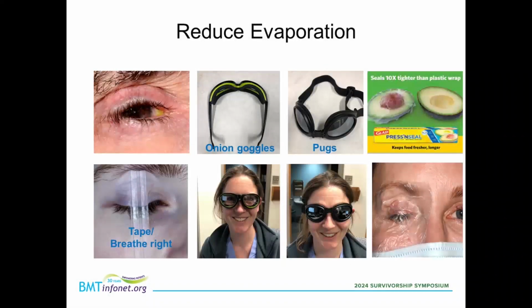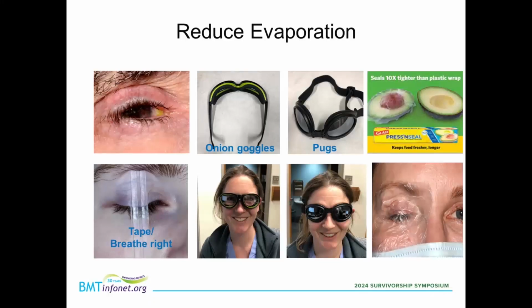You can also reduce evaporation of the eye. Basically, classically, we can sew portions of the eyelids together. That's called a tarsorrhaphy. That's the upper left. There's various ways to use medical tape or even Breathe Right strips that are used for nasal dilation to keep the eye closed. Sometimes people's eyes are open at night, or you need to have it taped closed rather than a bulky bandage and tape and such.